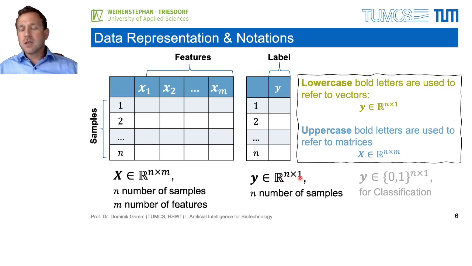If we talk about classification problems, for example binary classification problems where we only have 2 classes, like someone has a disease or not, then we have only 2 states like 0 and 1, and then we don't write a real number, we write just the class label 0 or 1.